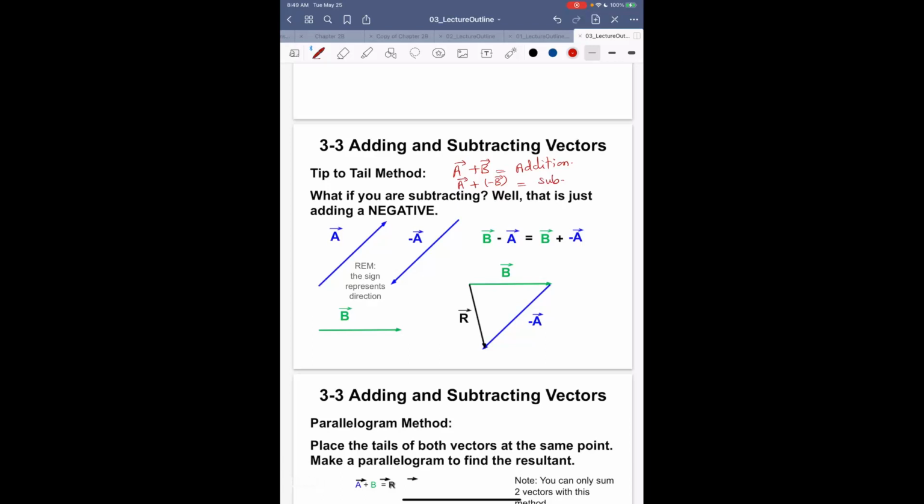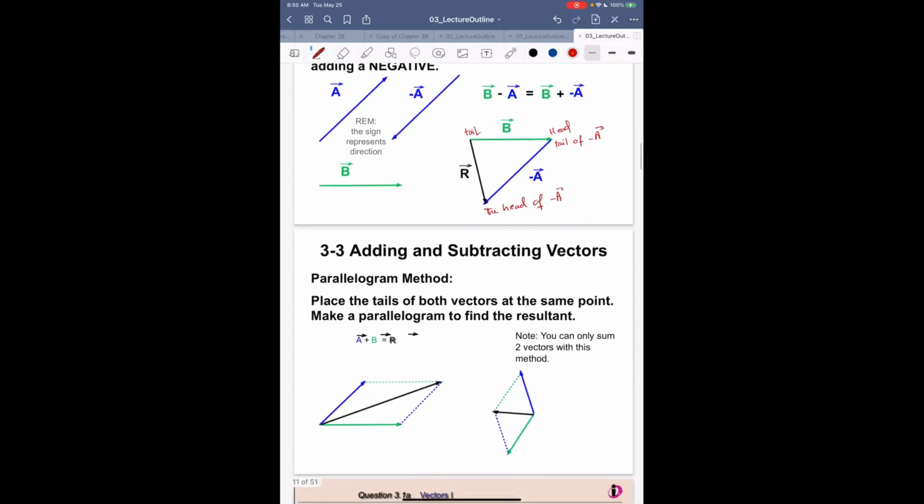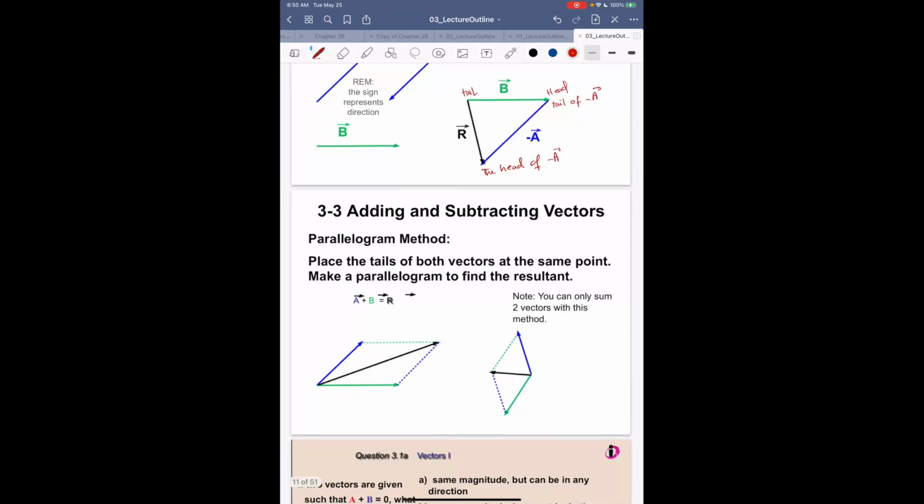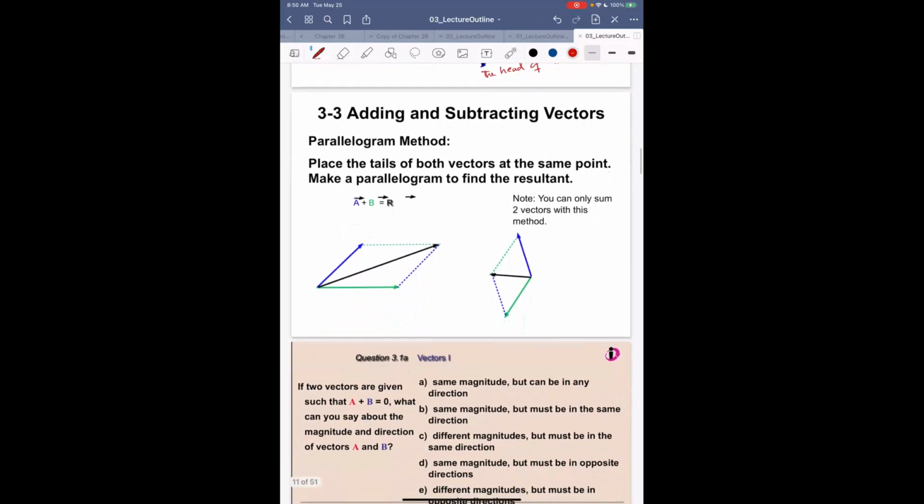If you look, B is here and this is negative A. I will say this is the tail of B, this is the head or the tip, this is the tail of negative A, not A, and this is the head of negative A. And then my resultant is from the tail of the first to the head of the last. And here also is displayed the same parallelogram method, showing you how to find the resultant.